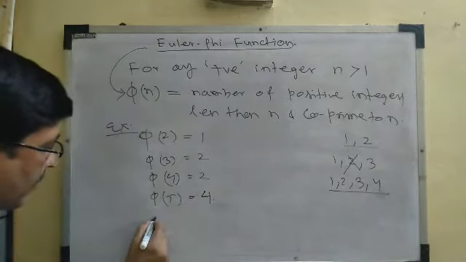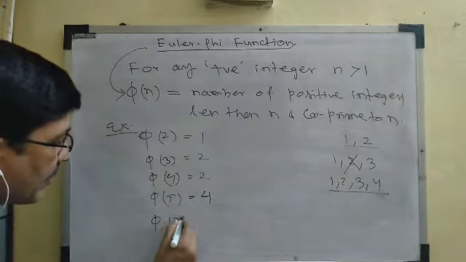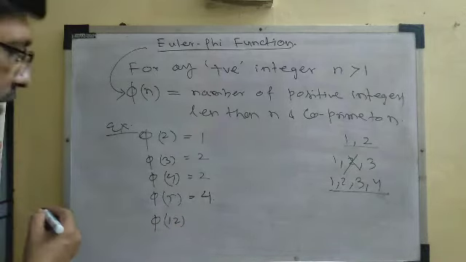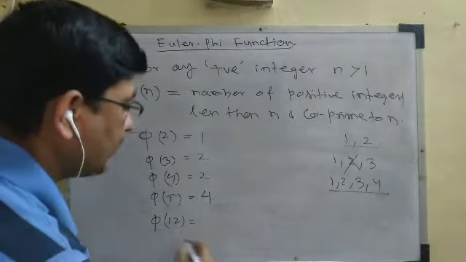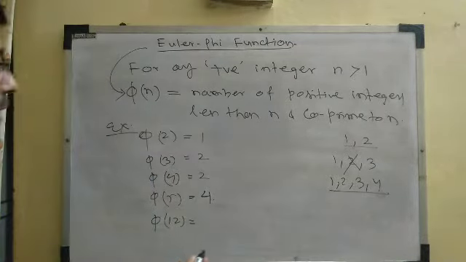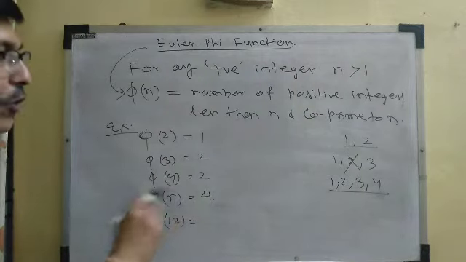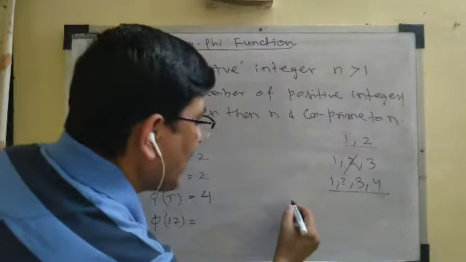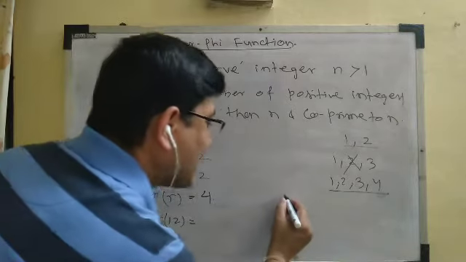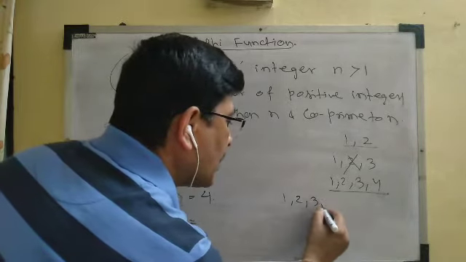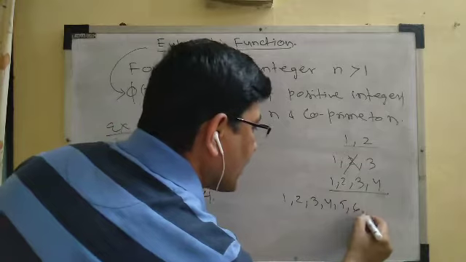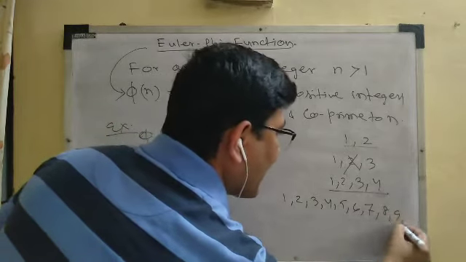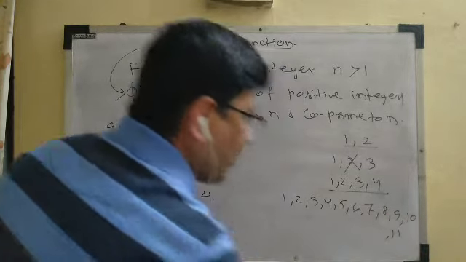Let us find phi of 12. We have to find the positive integers which are less than 12 as well as co-prime to 12: 1, 2, 3, 4, 5, 6, 7, 8, 9, 10 and 11.